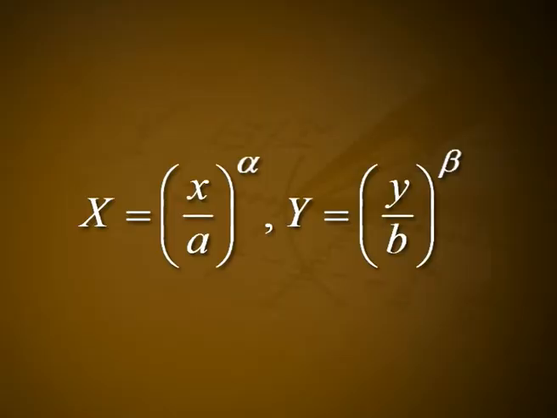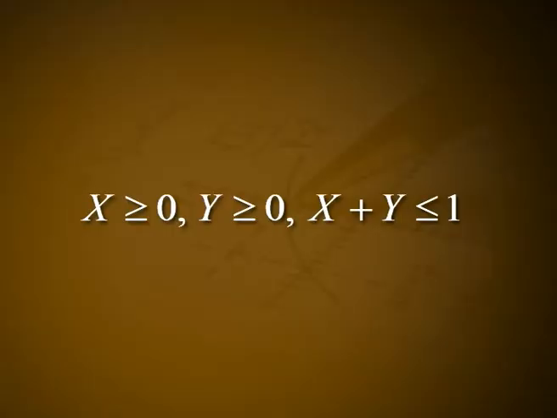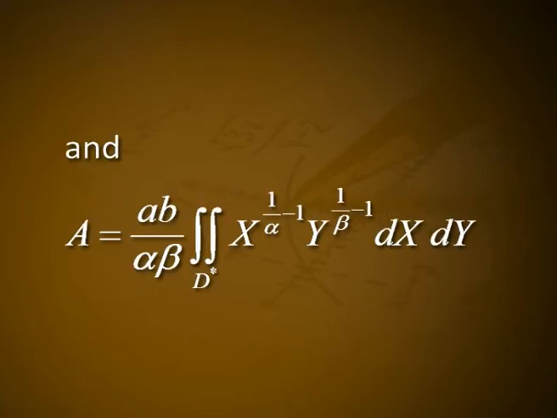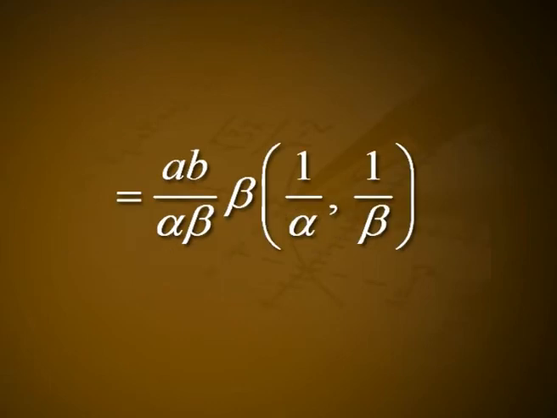Introducing x = a X^α, y = b Y^β, then we have the transformed region D* where x ≥ 0, y ≥ 0, x + y ≤ 1, and A is equal to ab/(αβ) times the double integral over D* of x^(1/α − 1) y^(1/β − 1) dx dy, which is equal to ab/(αβ) β(1/α, 1/β).